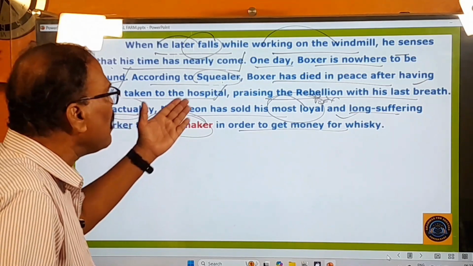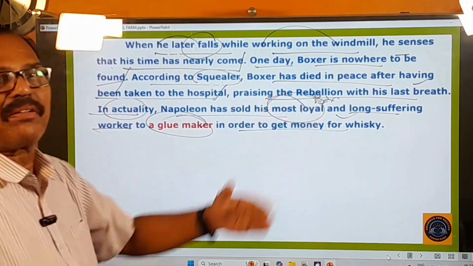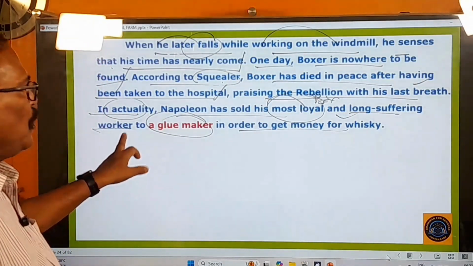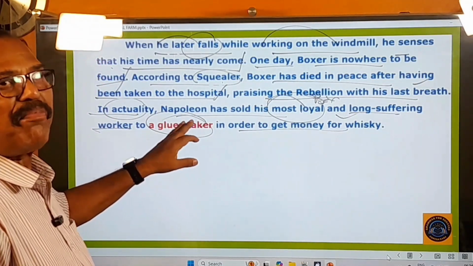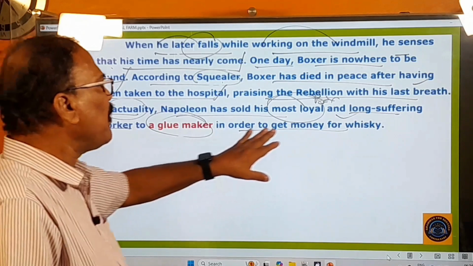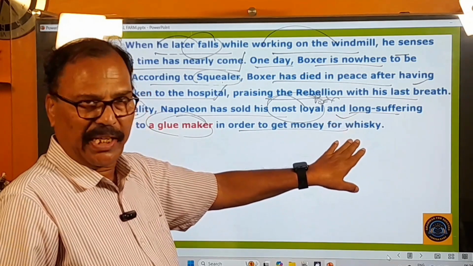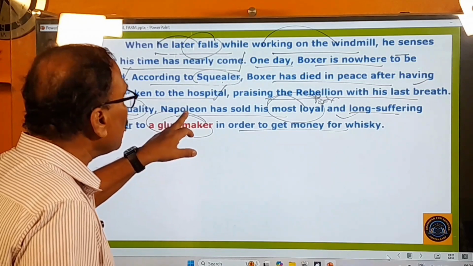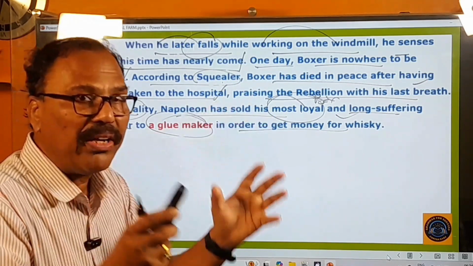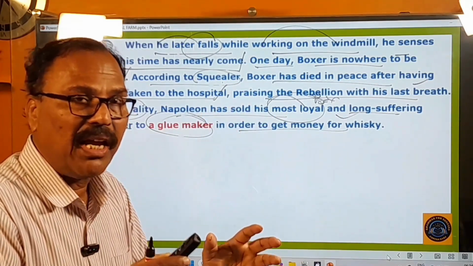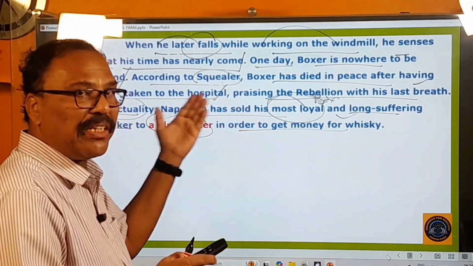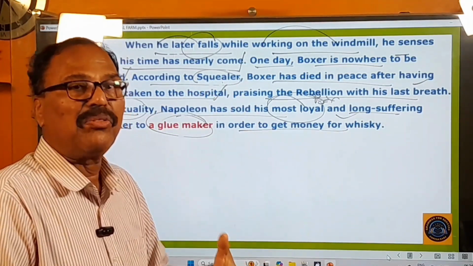This Napoleon has sold this Boxer, this most loyal and long-suffering worker, to a glue maker, to some businessman just for the sake of money for whiskey. So this point you understand. See how this leader has extracted work from that loyal servant, and afterwards how he has sold that fellow, that Boxer, mercilessly to some businessman.